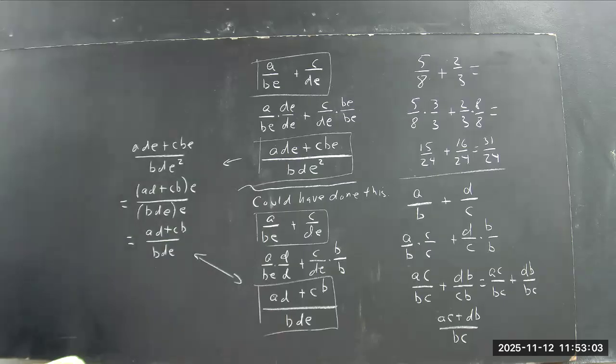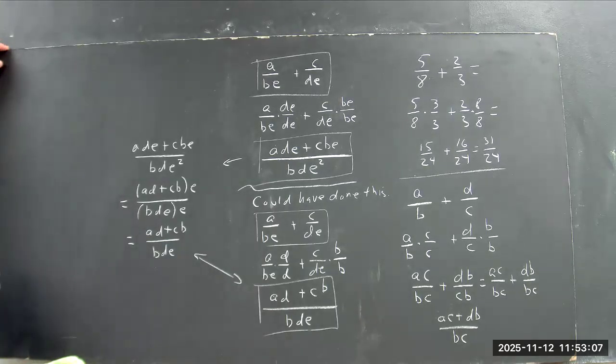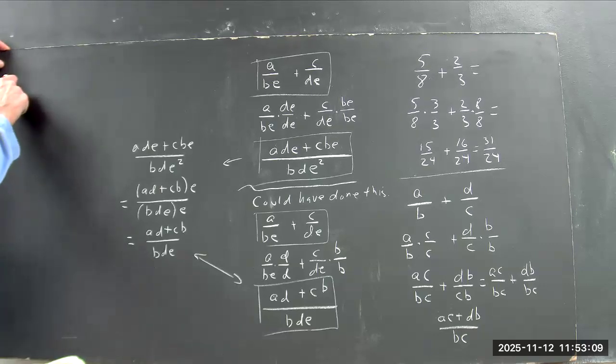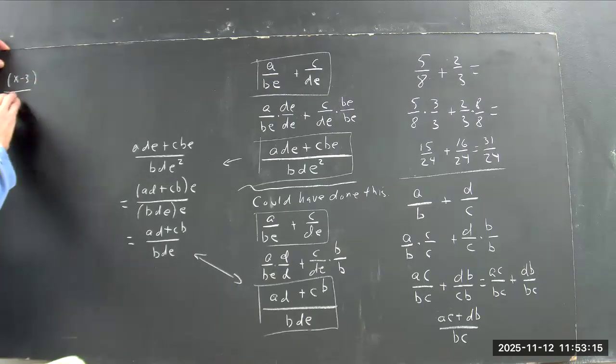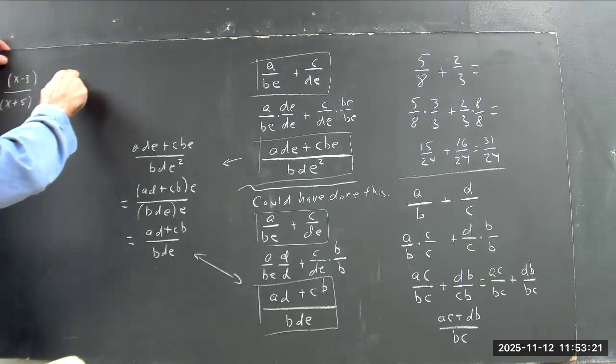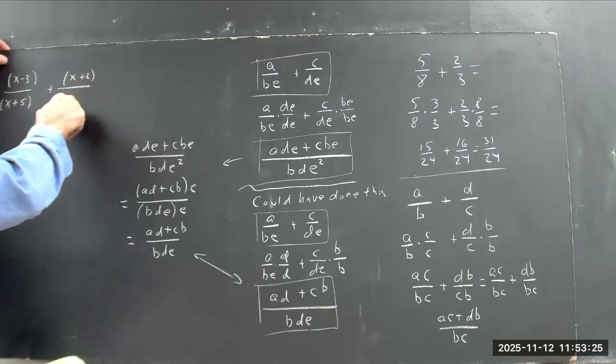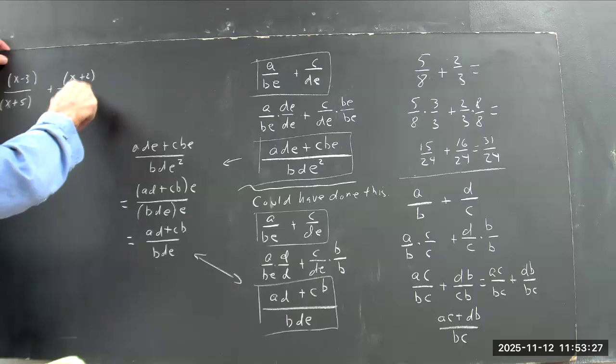Well, now let's do one that looks a little more intimidating, maybe. How about if we have x minus 3 over x plus 5 added to x plus 2 over x minus 4.